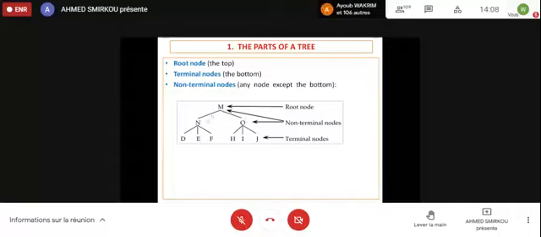M has a branch below it, and O and N have branches below them. So M is both a non-terminal node and the root node.